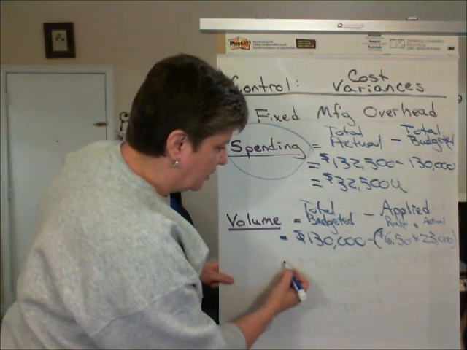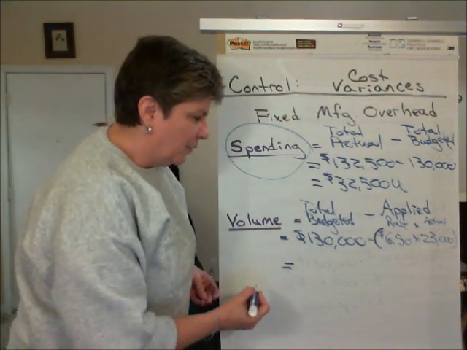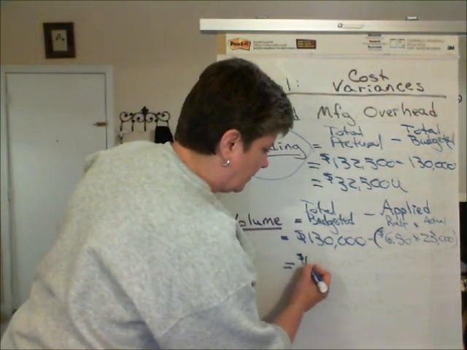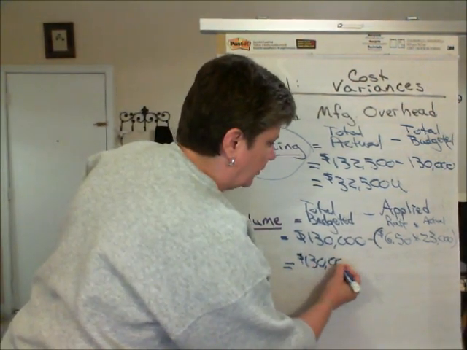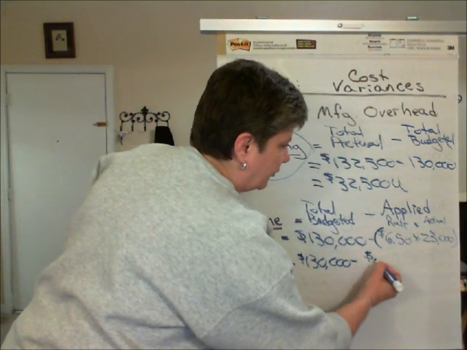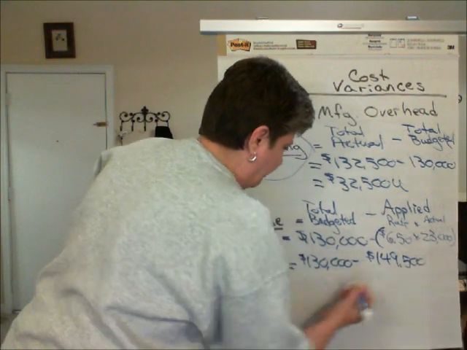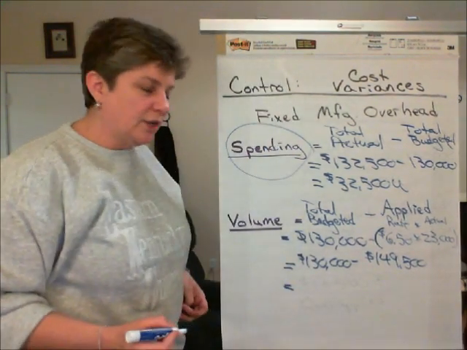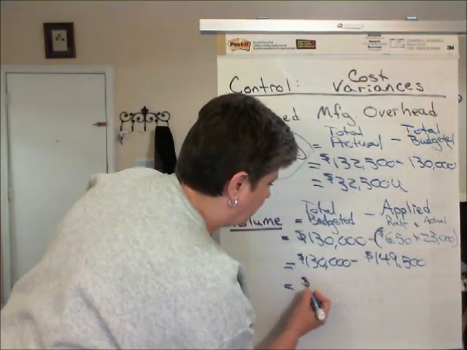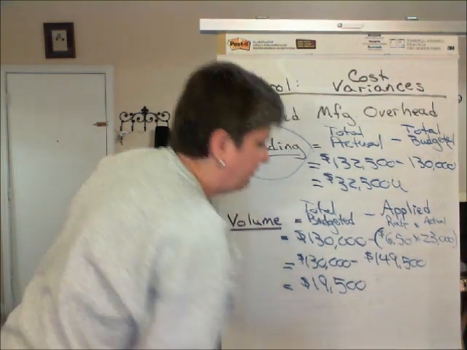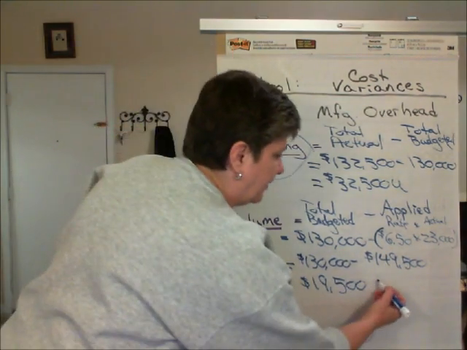After we do the multiplication, that's going to yield 130,000 minus 149,500. So our fixed overhead volume variance is $19,500.